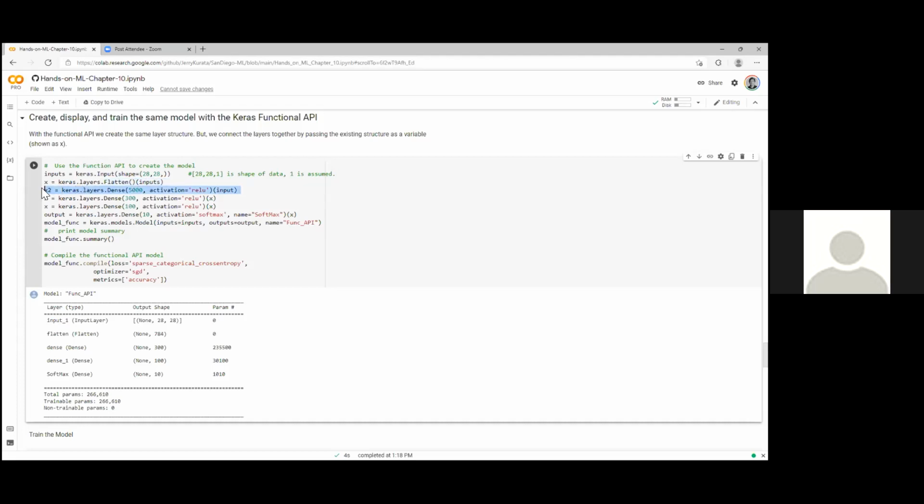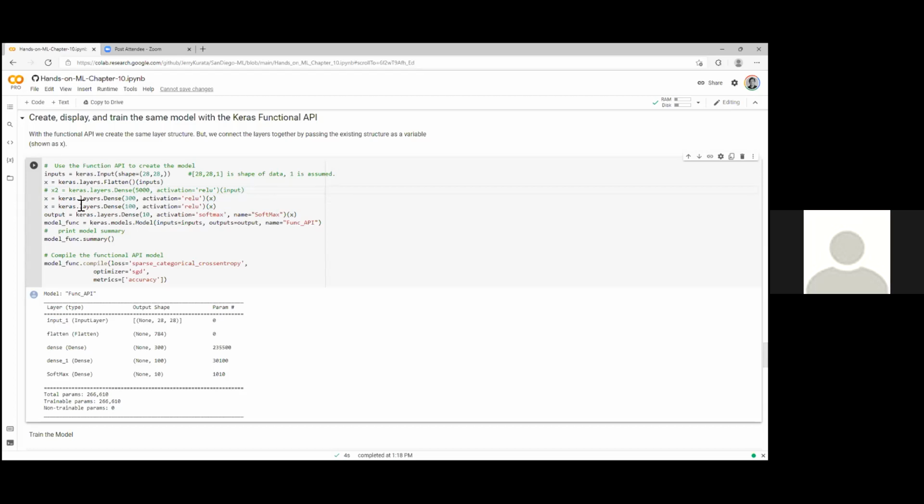I'll just comment it out here for the sake of argument, just so we have it. But what we're going to do is take our flatten layer and put that into X, pass that in to the input of this. The other thing you can do is, let's say for some reason you wanted to have a conditional. Nothing says you couldn't put a Python if statement here.